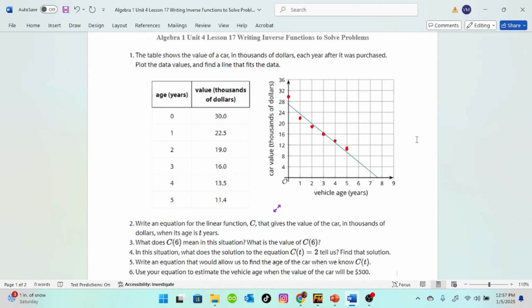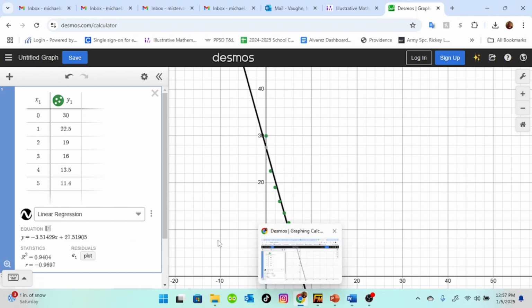Number 2, write an equation for the linear function c that gives the value of the car in thousands of dollars when its age is t years. So what we can do is write c of t equals, and if we go back to that Desmos calculator, right here for equation, it tells us what it is. I'm going to round to 1 decimal since that's the most decimal places we have in the points that we were given.